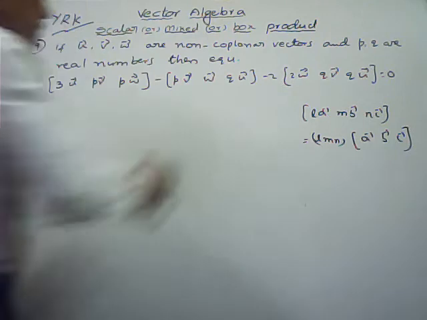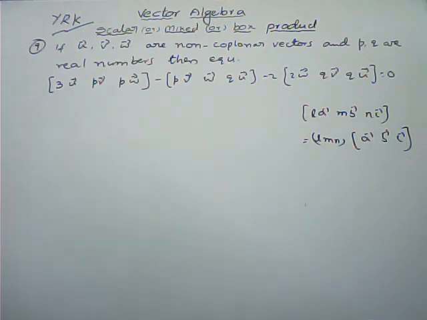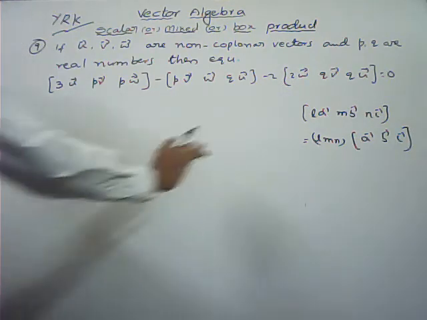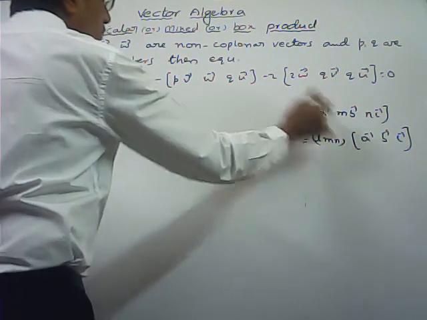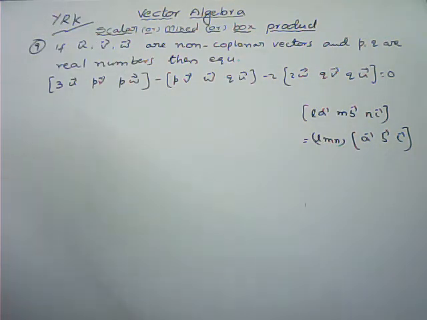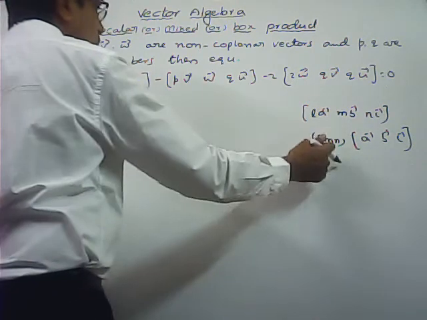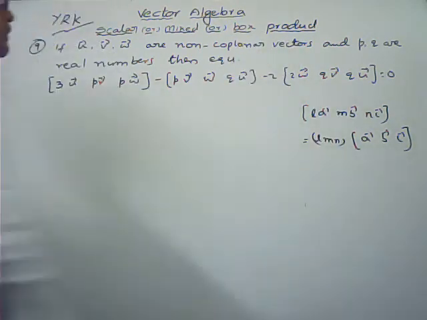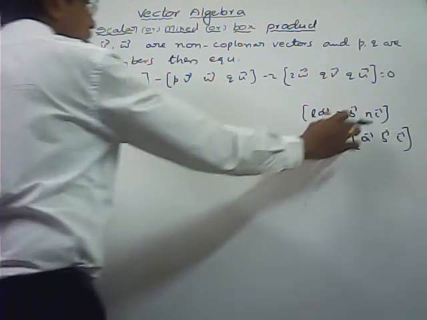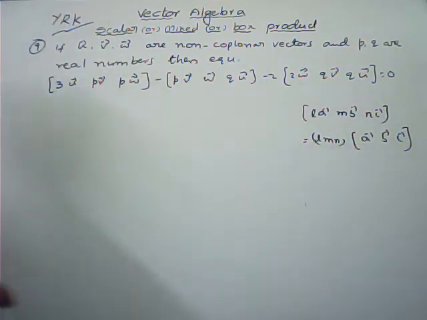In the properties, I told you that one. Here every element in the first row is a multiple of L, so its determinant is L times, and every element in the second row is also a multiple of m, and every element in the third row is also a multiple of n. So its determinant equals the element times box ABC we can write.